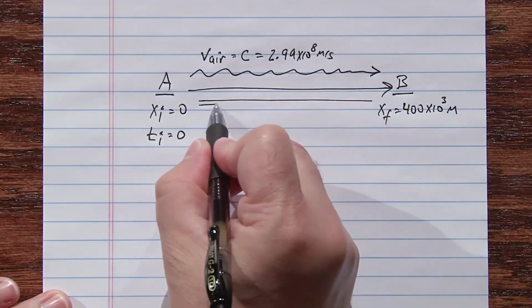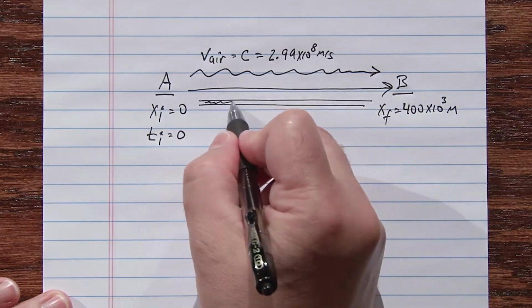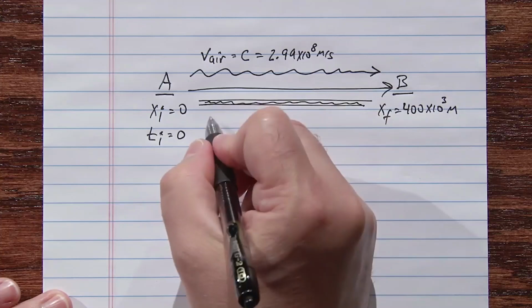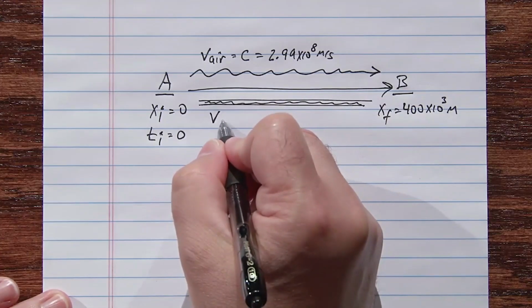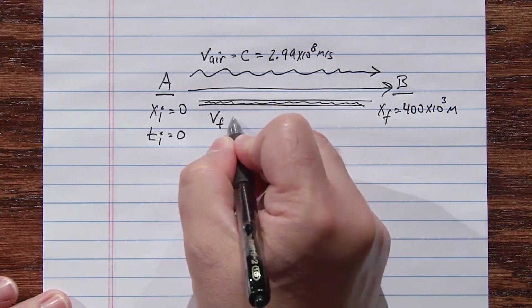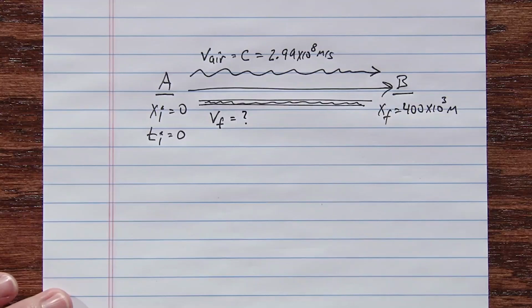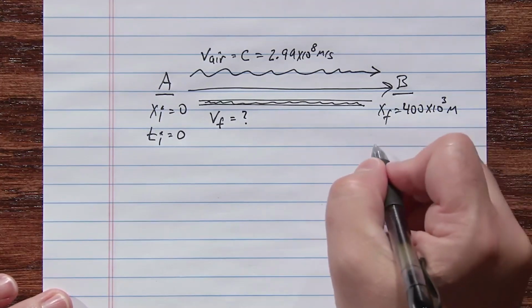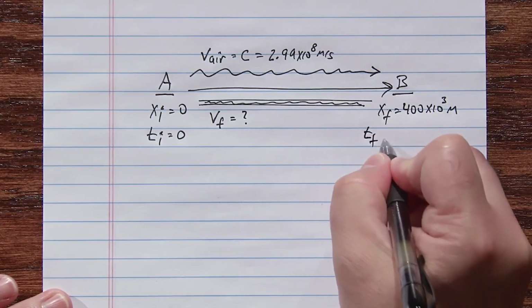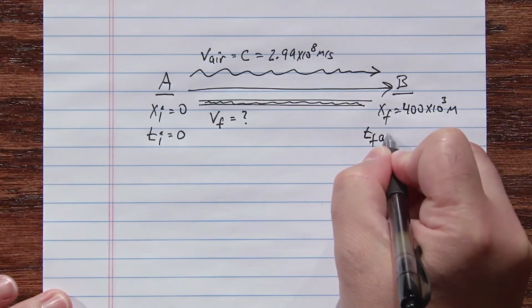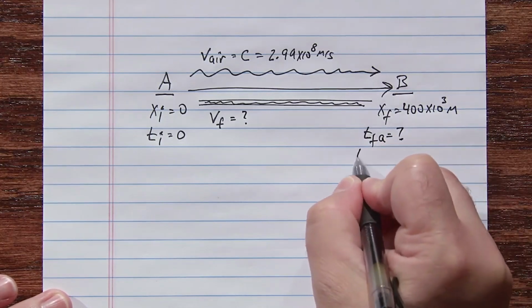And then another one travels through a cable and through a fiber. So we'll call that V F for V fiber. And we don't know that, and that's what we're looking for. T final for the air, we don't know.